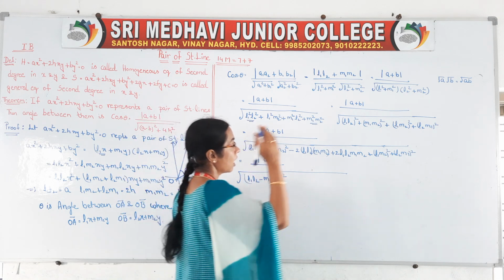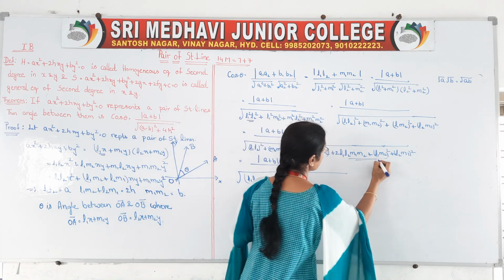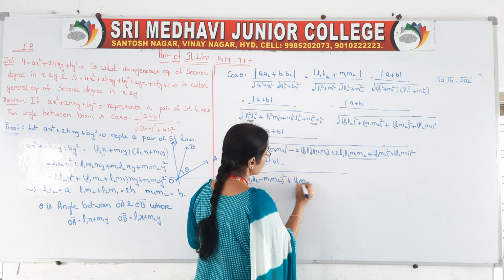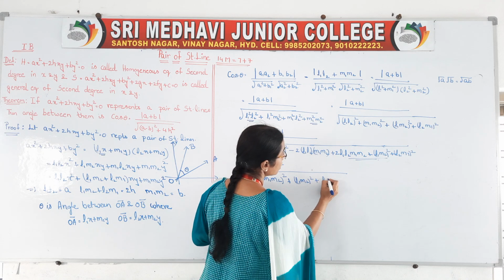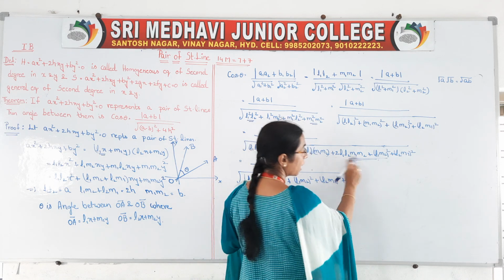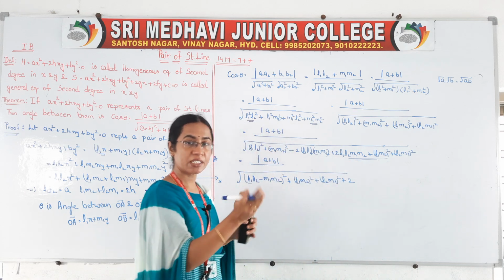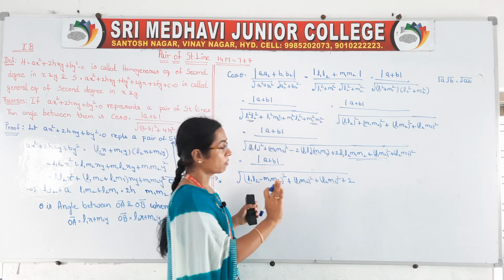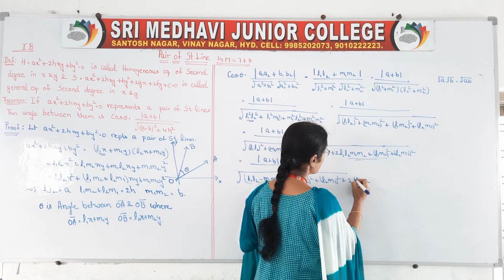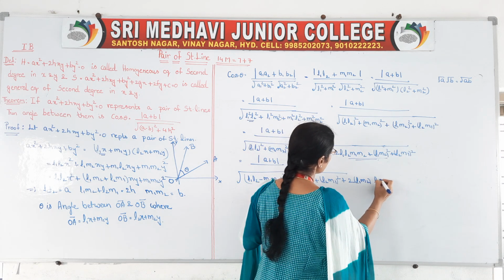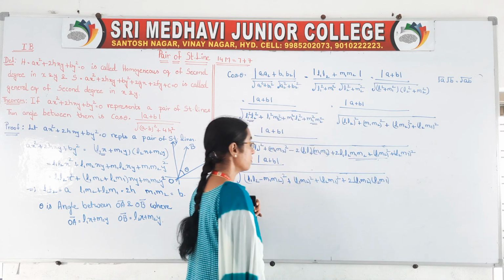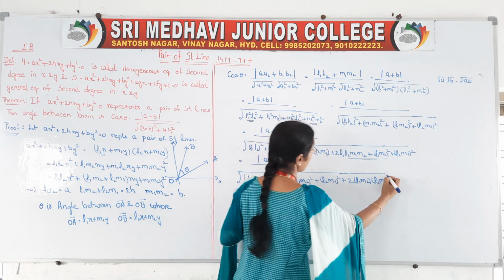Next, observe, I will write these values as L1 M2 whole square plus L2 M1 whole square plus 2. Multiplication and addition, we can change the places, it makes no difference. So I will write this as L1 M2 into L2 M1. Why we are writing like this? To get our required value.